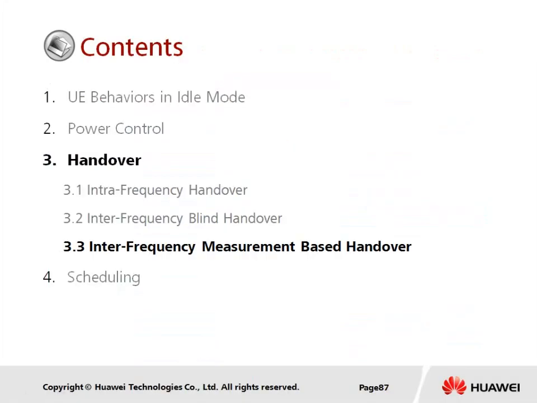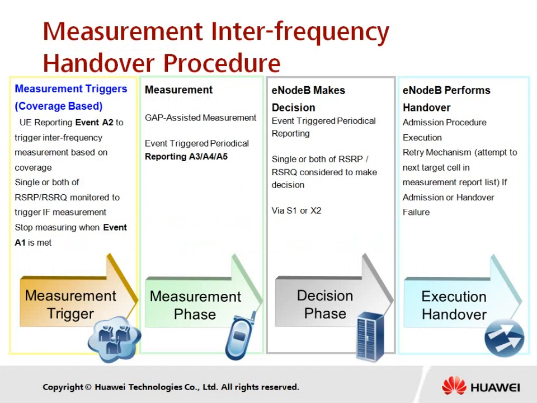So we have seen the less common interfrequency handover, which is blind handover. But the most common interfrequency handover is based on measurement. So again, for interfrequency measurement, it needs the triggering factor, which varies based on the handover type.